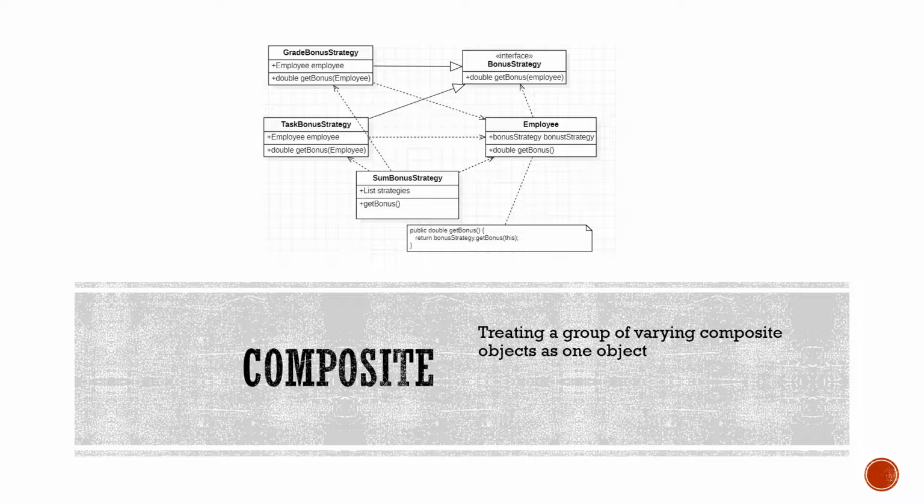The sum bonus strategy acts as a composite. So at runtime, when get bonus in the employee class is called, it simply delegates to one of the bonus strategy implementations, and in this case it's sum bonus strategy, and it simply sums all the other bonus strategies.